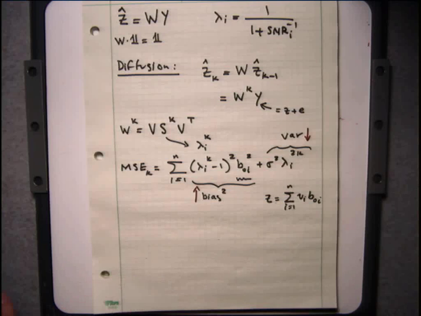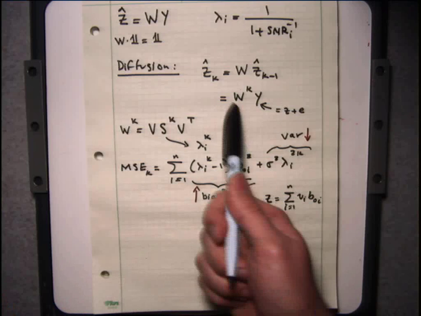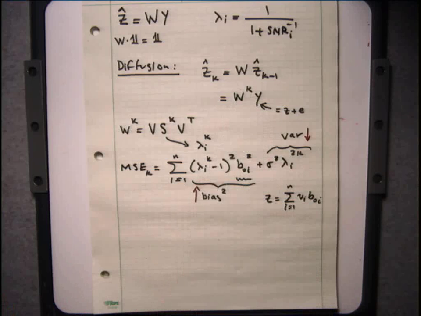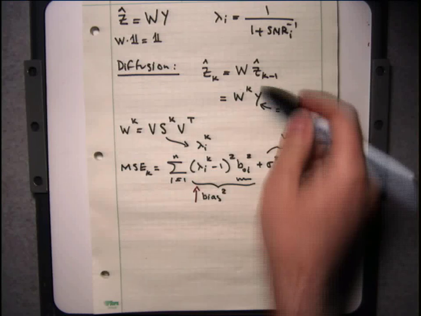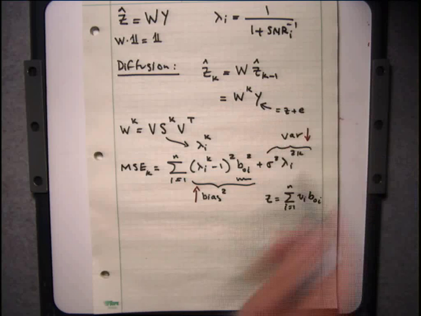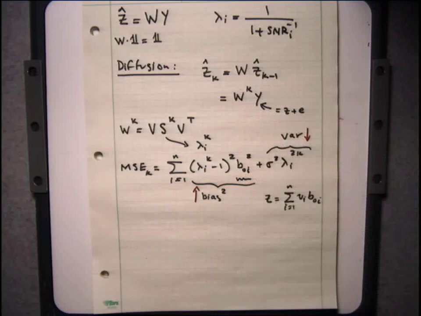And this is not terribly surprising, because we showed last time that this W to the k essentially converges to a matrix of rank 1. And that matrix also has constant rows. So when you multiply it by y, what you end up with is a constant image at the end. So this is consistent with that intuition, because the variance continues to decay until you get a flat image.